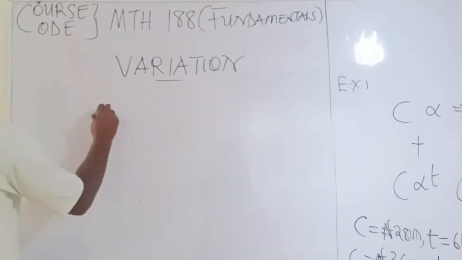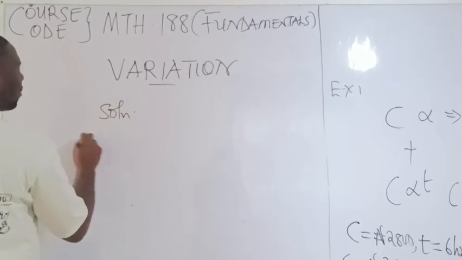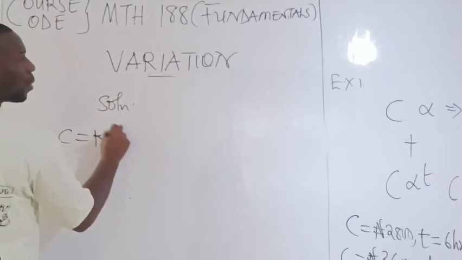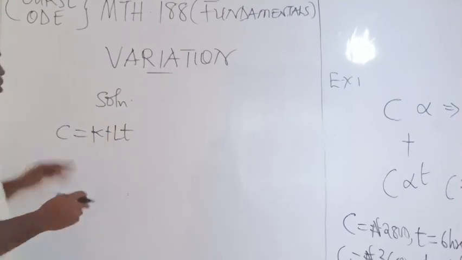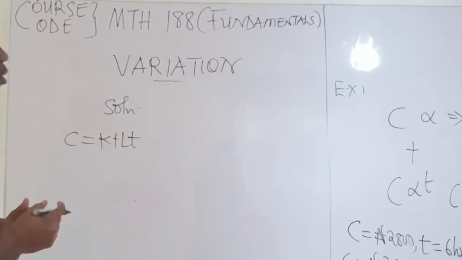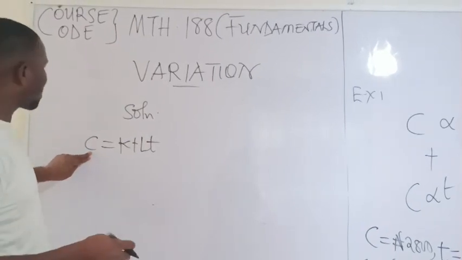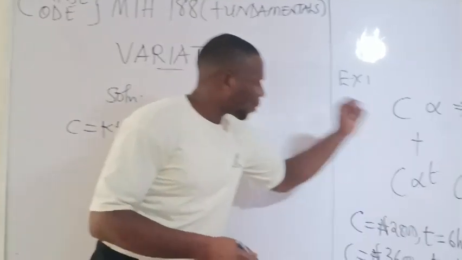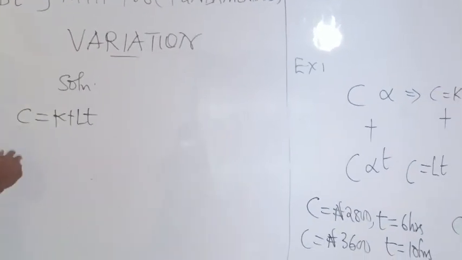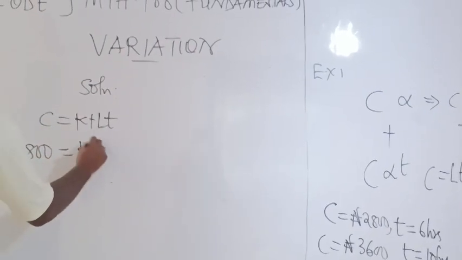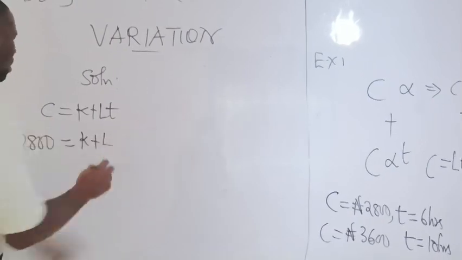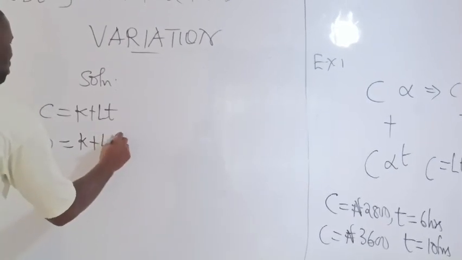Alright, so the solution. I have C is equal to K plus LT, where K and L stand for the constants, and C and T are the quantities in question. I could easily replace the first pair of values for C and T. So C is 2,800, K we don't know for now, the second constant L we don't know, but the time is 6 hours, so this is times 6.